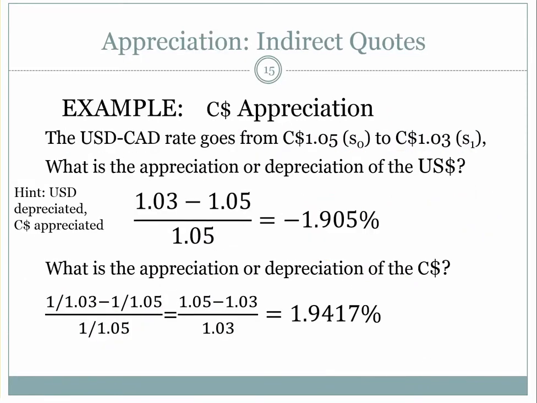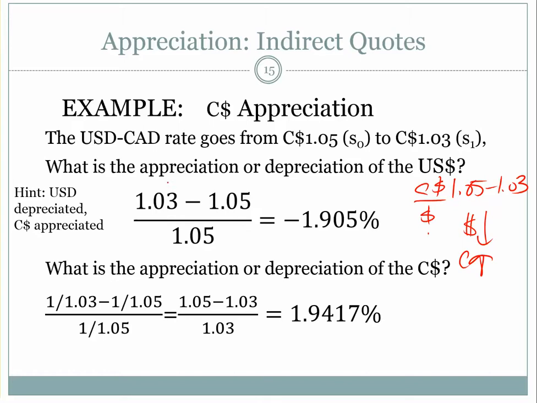So here's another example. Say the CAD per dollar exchange rate went from 105 to 103. Notice something got cheaper, but let's look at this exchange rate. This is the Canadian dollar price of a US dollar. This is the price of a dollar. So it looks like the US dollar went down, the CAD went up.